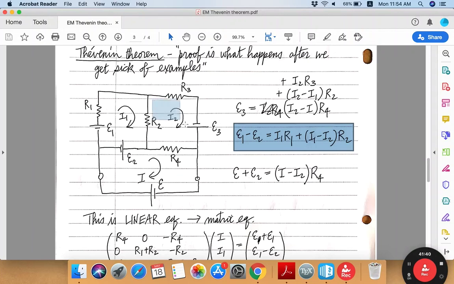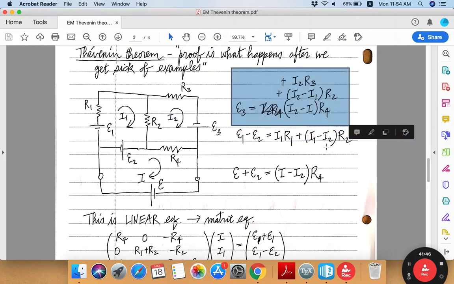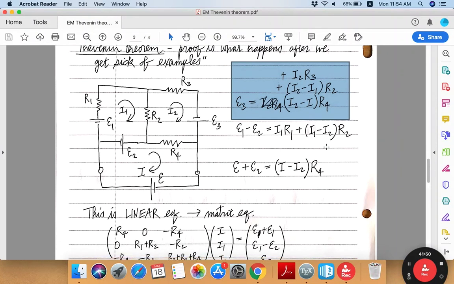And for this loop, finally, I have this equation. Okay, so this is a bunch of linear equations.